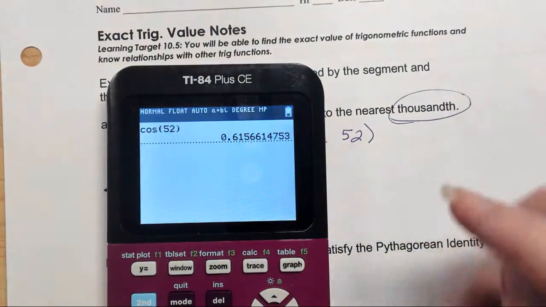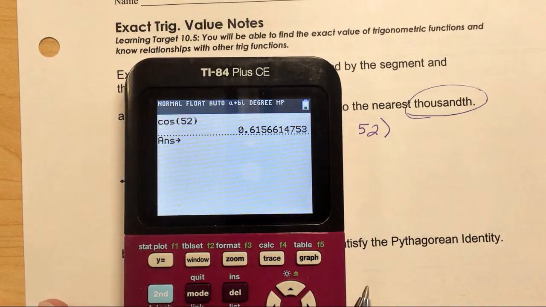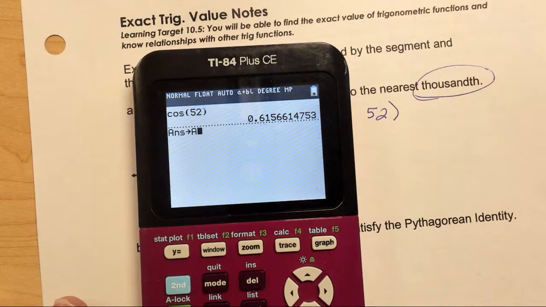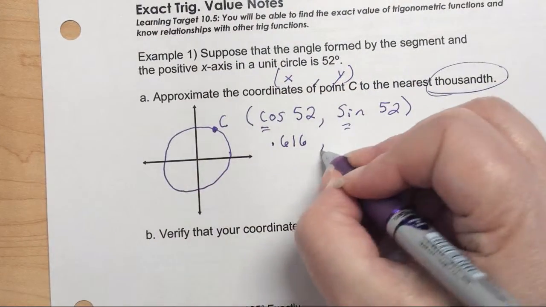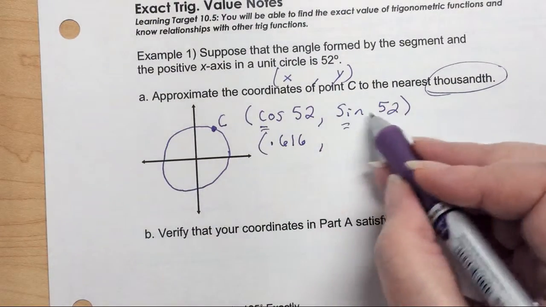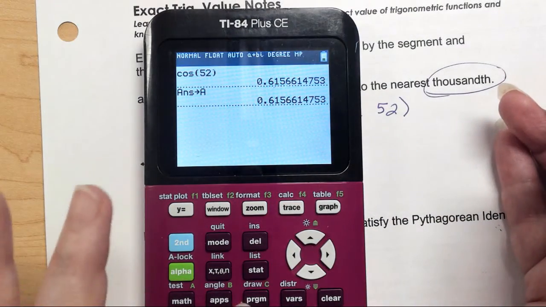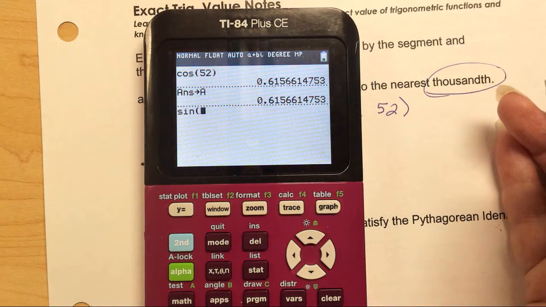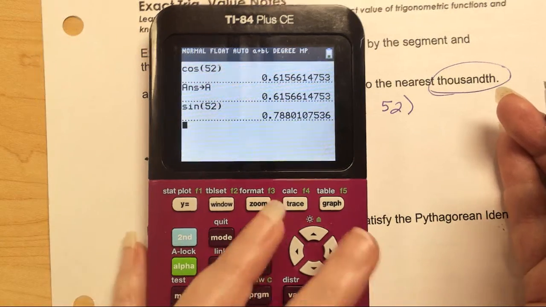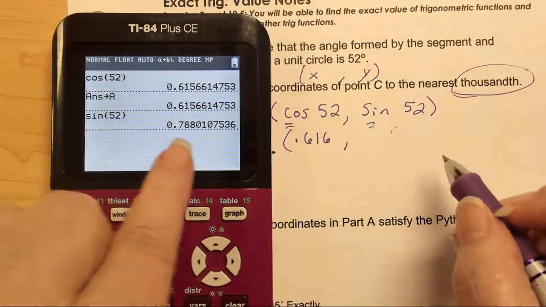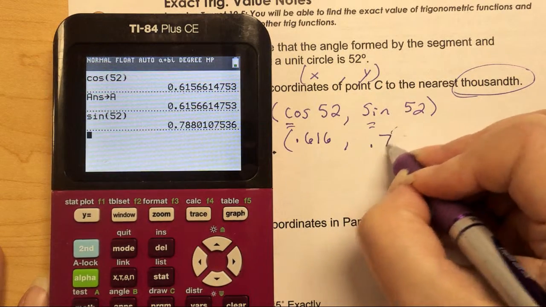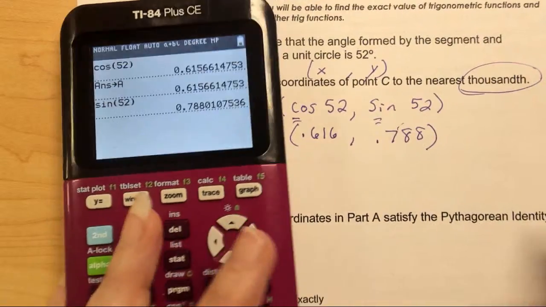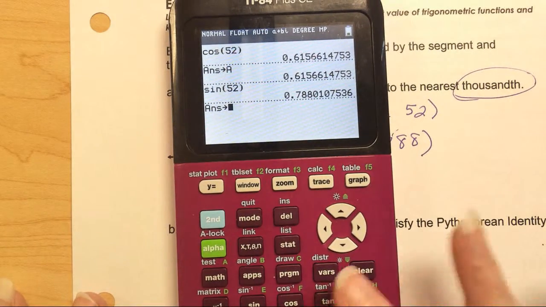I want you to store this in A, and I'll tell you why in a little bit. Then the other one, we have sine of 52. So we're going to go sine of 52, and that is 0.788. And we're going to store this in B.